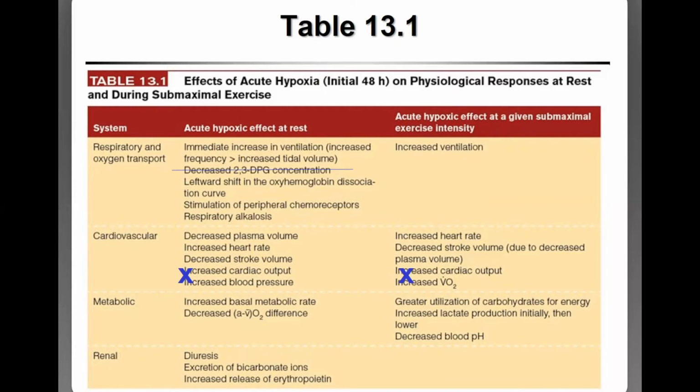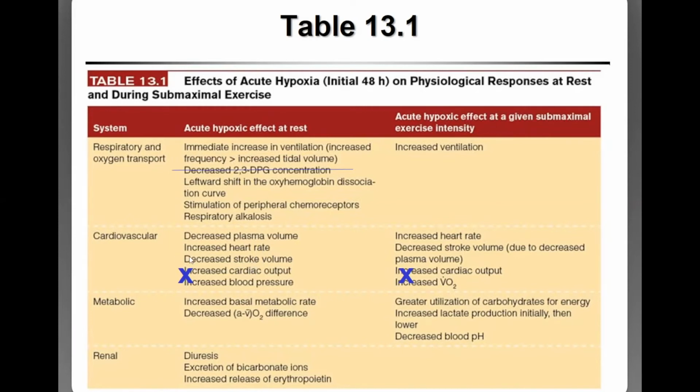We talked about the leftward shift in the oxygen hemoglobin dissociation curve, and we talked about our pH increasing and us becoming more alkaline as a result of the low partial pressure being detected by our chemoreceptors, which then stimulate hyperventilation. At the heart, we have a decreased plasma volume due to the ANP stimulation and an increased respiratory water loss, and this causes a decrease in stroke volume.